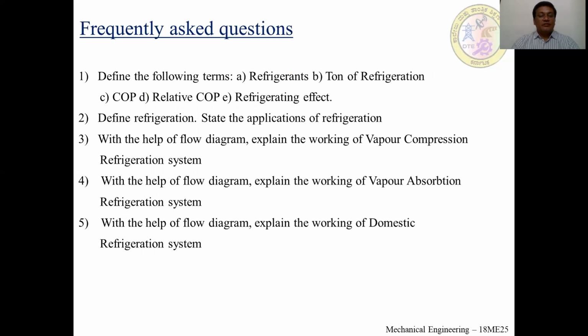The third question is the vapor compression refrigeration system with schematic or working flow diagram. The fourth one is the vapor absorption system with schematic, and the last question is regarding the domestic refrigeration system. These are a few important questions sorted out from the previous year question bank.